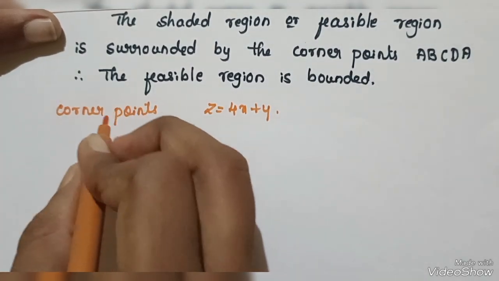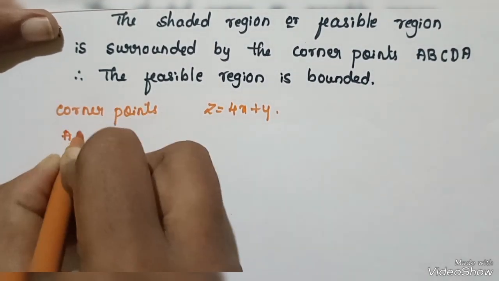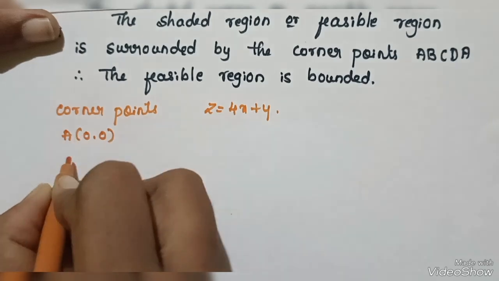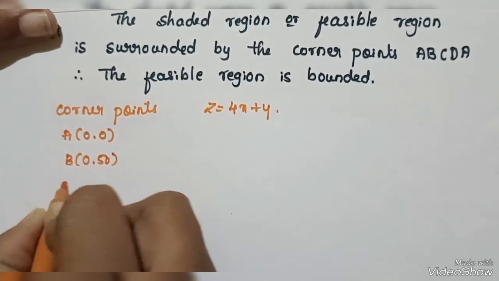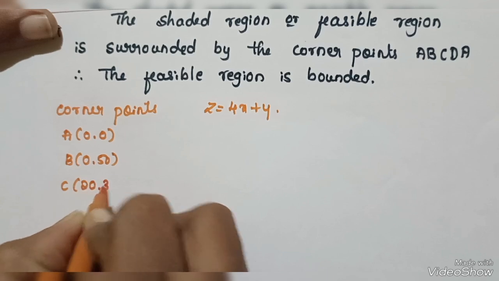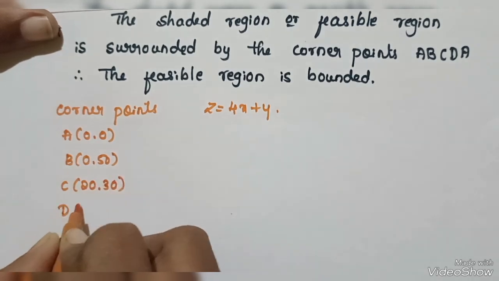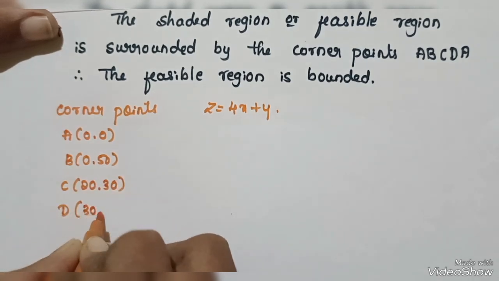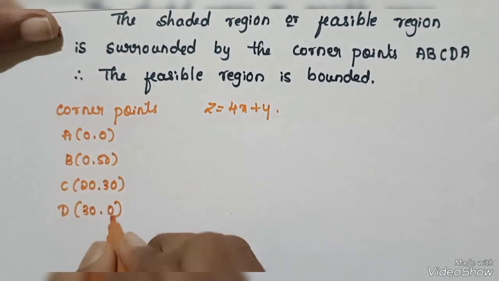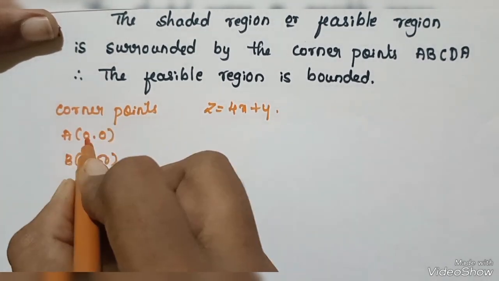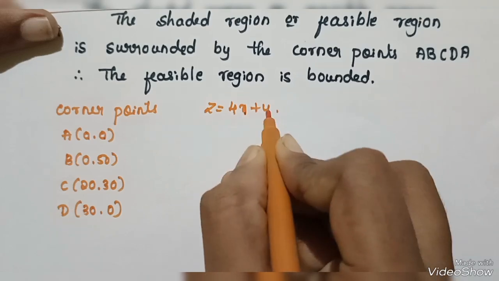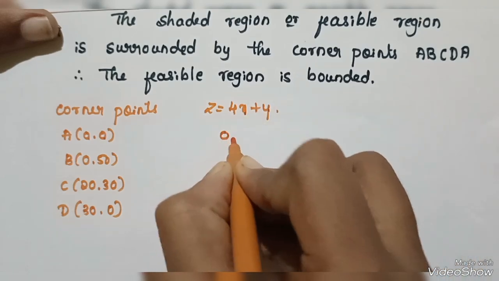For the corner points, consider A is 0 comma 0, B is 0 comma 50, C is 20 comma 30, and D is 30 comma 0. For these points, we have to calculate the objective function. Putting x is 0, y is 0, we get 0.